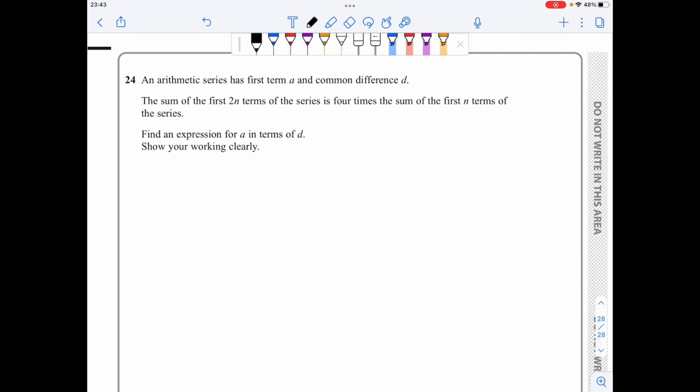For question 24, I'm given that the sum of the first 2n terms of a series equals 4 times the sum of the first n terms of the series. Let's recall the formula for the sum of the first n terms as given in the formula page.